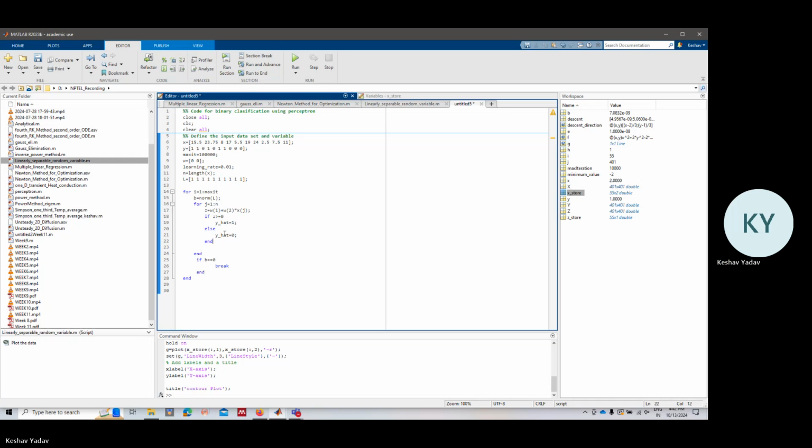And now I have calculated the Y hat based on Z. So what I have done here is I have applied the activation.